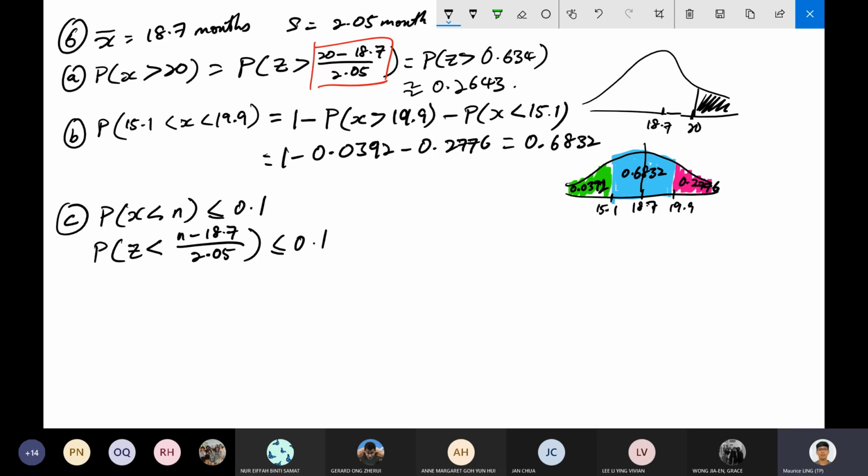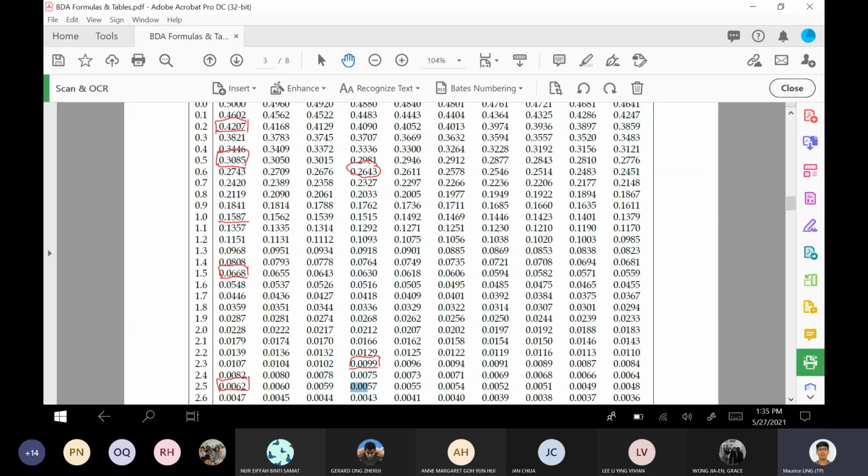Okay. So what you end up with is to get 0.1. Let's go back to our table. To get 0.1, 1.28. Okay, you can actually use about 1.29. Okay, less than 1.29 here.